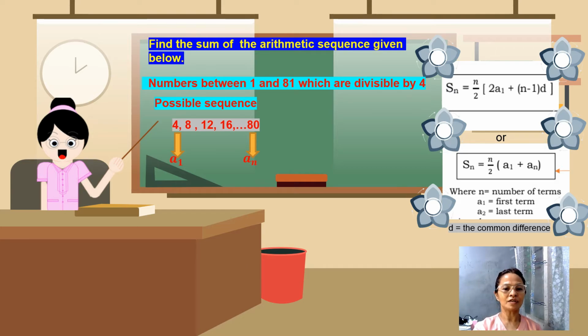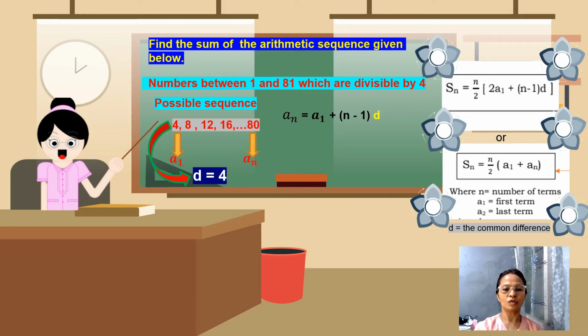Now since this is an arithmetic sequence, we have a common difference, which is 4. 4 comes from 8 minus 4, or 12 minus 8, or 16 minus 12, or from the given, which says numbers divisible by 4.